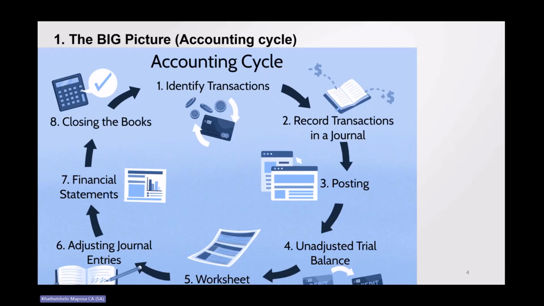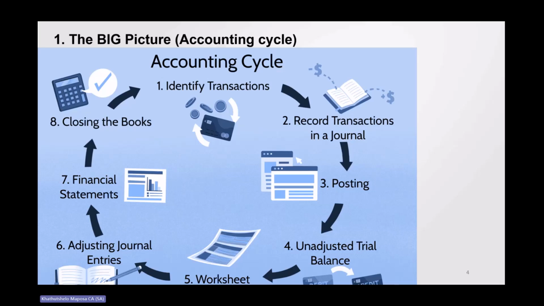big picture. This is the big picture which I got from Encyclopedia, and it kind of summarizes the whole process that we follow when we are doing accounting, from number 1 up until number 8 there, of which of course number 1, this is where we identify transactions.